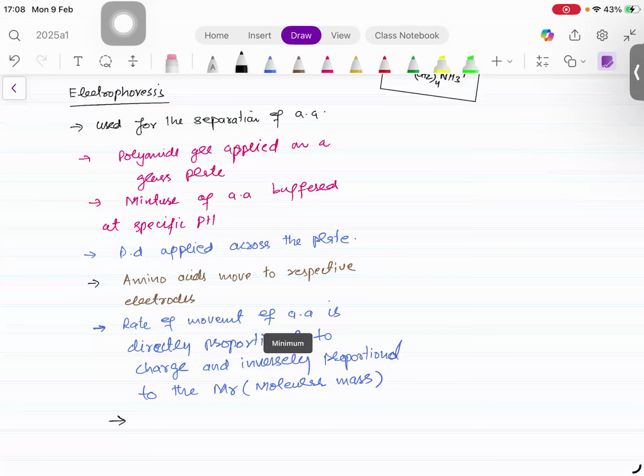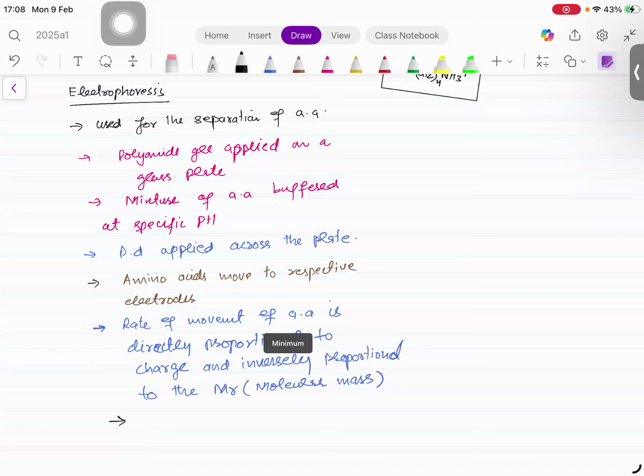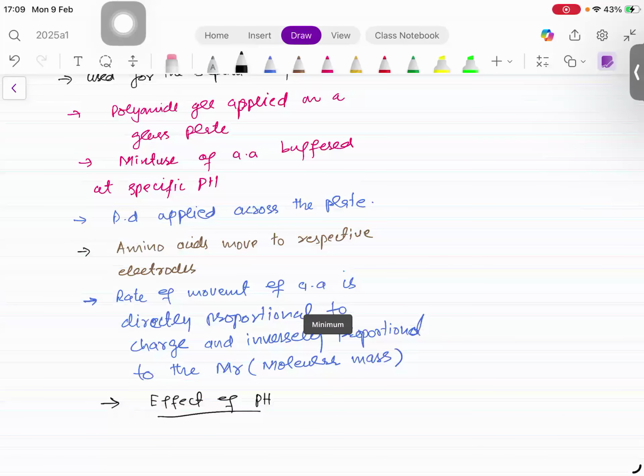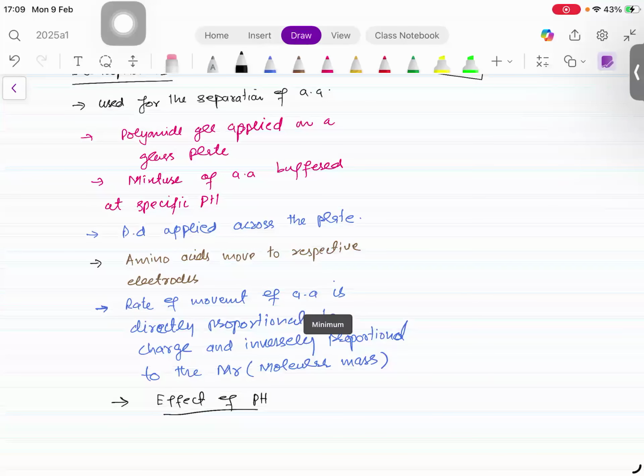Right? And then we discuss the effect of pH. How the pH change turns the amino acids, their nature, their way of movements.